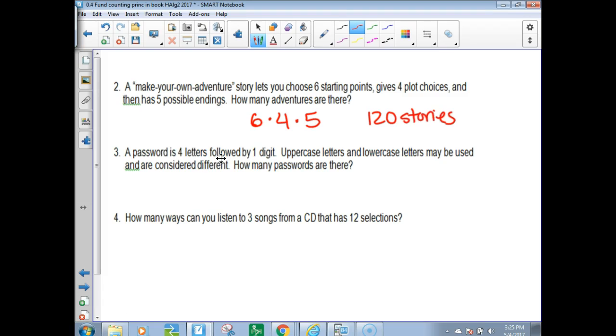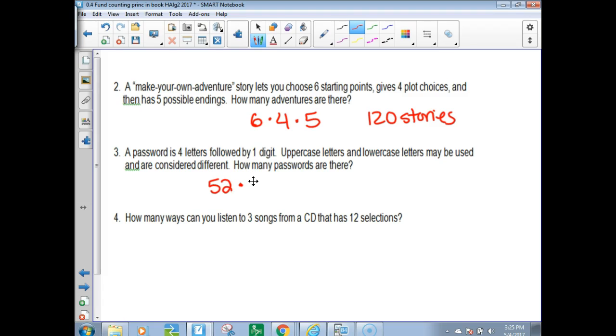A password has 4 letters followed by 1 digit. Uppercase letters and lowercase letters may be used and are considered different. There are 26 letters in the alphabet. So if I double that, did you think about a deck of cards in an alphabet? There are 52 choices for the first letter.